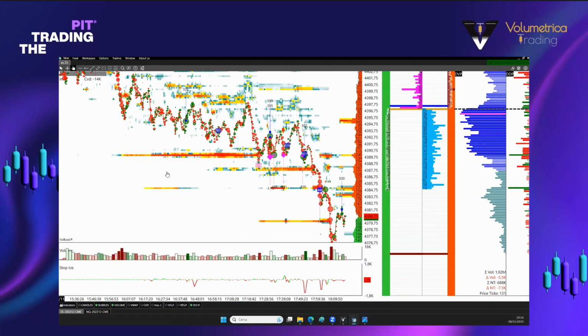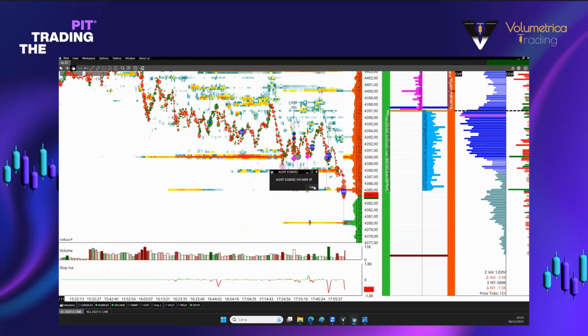Let's look at some previous examples from today. Here price was slowly coming down, and we had this nice block of liquidity. Price crashes through it, and apparently comes with a nice bounce.